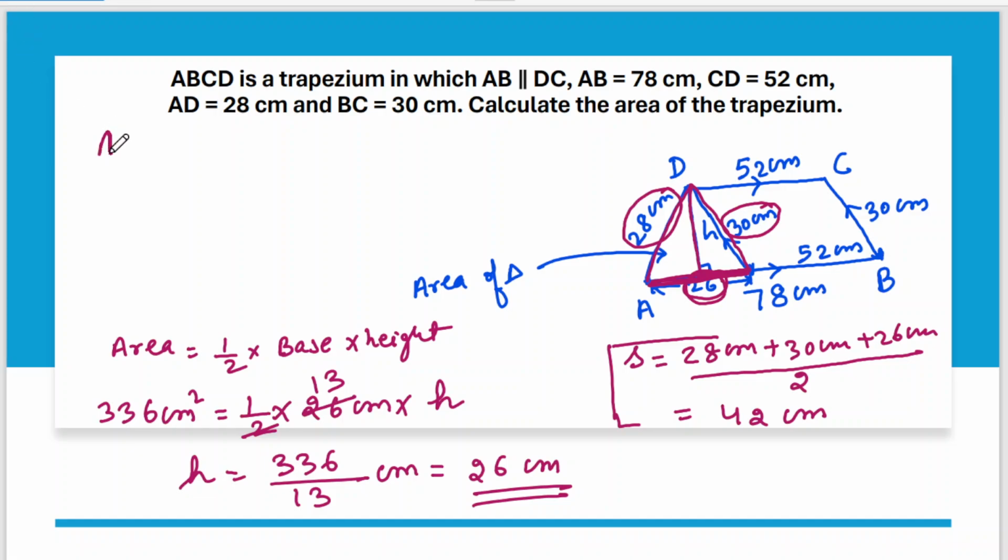So we have area of trapezium equal to half into sum of parallel sides.